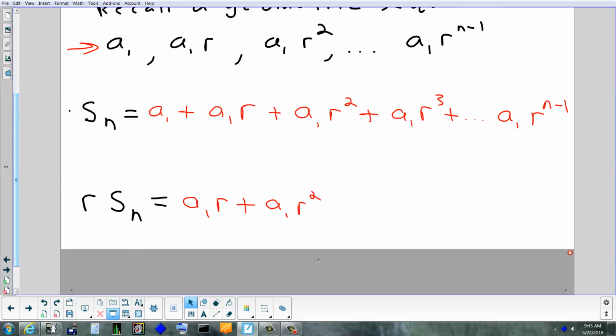Then a sub 1 r cubed plus a sub 1 r to the fourth plus. And what would the last term become? Yeah. A sub 1 r to the n.